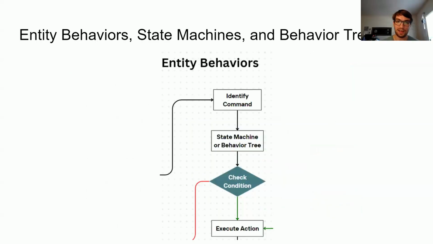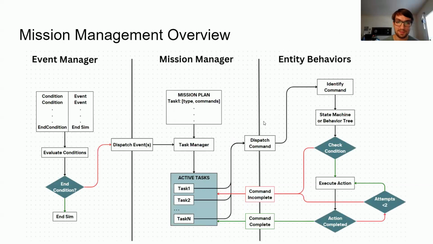So again, to go over this again, you start at the highest level with event management that controls global variables, global sim events, including the end condition. If it's not the end condition, it might dispatch events and basically send that over to the mission manager to say, hey, this key event happened.